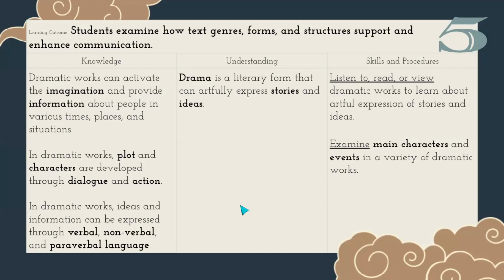That's how the story moves forward. And so you can connect this to oral language in the verbal, nonverbal, and paraverbal pieces. But when it says examine main characters and events, what we're looking for is understanding that those things are developed through dialogue and action. So they have to listen to, read, or view a dramatic work to do this particular cusp.